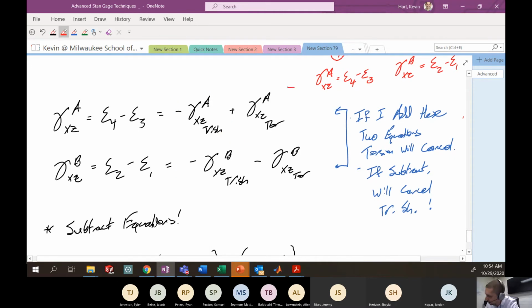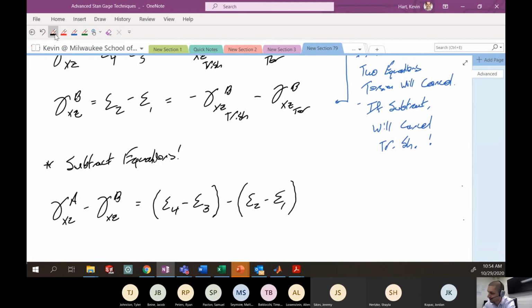So you'll end up with this term minus the negative of this term, so you'll just get two of those torsional terms. This is going to be equal to 2 times the torsional shear strain. Since they're the same magnitude, it's whatever the shear strain is at A or at B. I'm going to drop these superscripts because we know the shear strain from torsion at those points is equivalent. Pretty nifty.